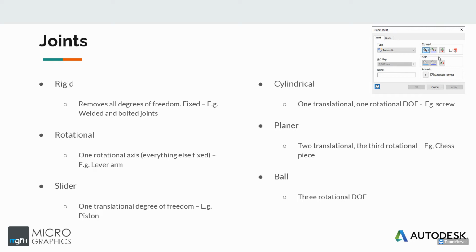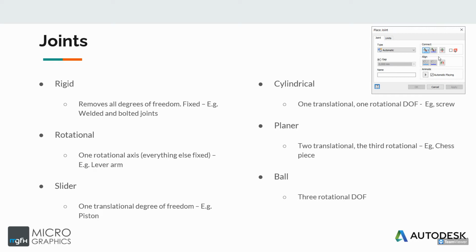Then let's jump to the next three. You've got cylindrical, which is basically a combination of slider and rotational. Think of something like a piston or an actuator which has a rotational and a sliding mechanism. It can slide in and out of a cover, as well as rotate about that same sliding axis. That's why I put an example there, a screw: one translational axis and one rotational degree of freedom.